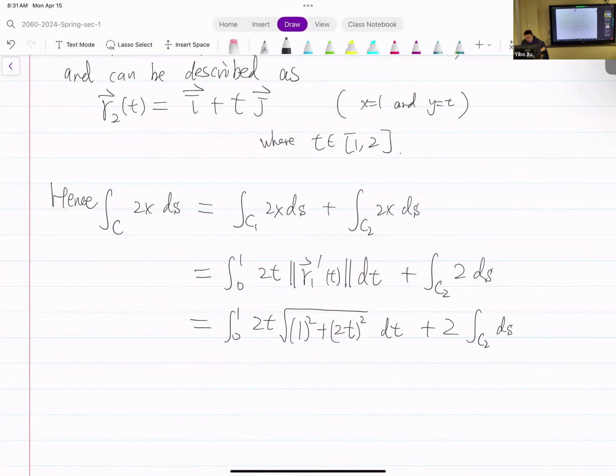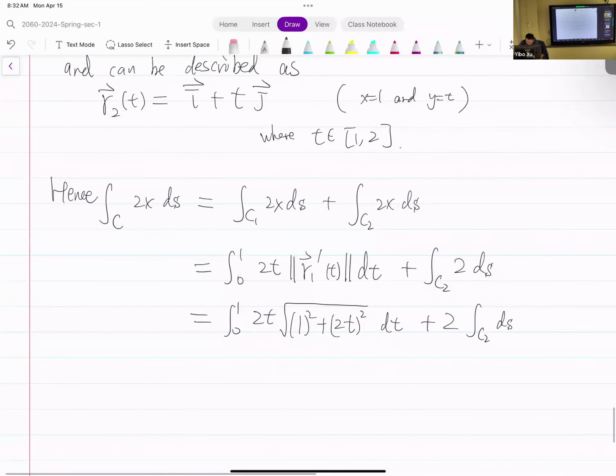Now each piece we know how to calculate. The first one is a radical, but under the radical we have 1 plus 4t squared, and on the outside we have t dt, so we can use substitution. So this is the integral from 0 to 1 of 2t times the square root of 1 plus 4t squared dt.